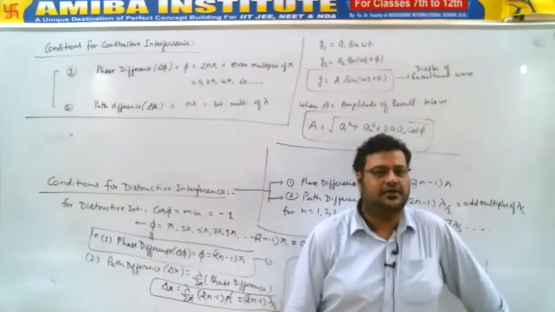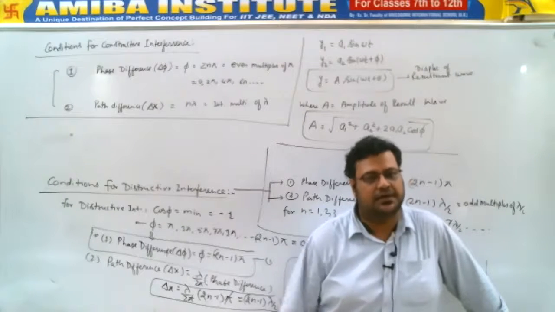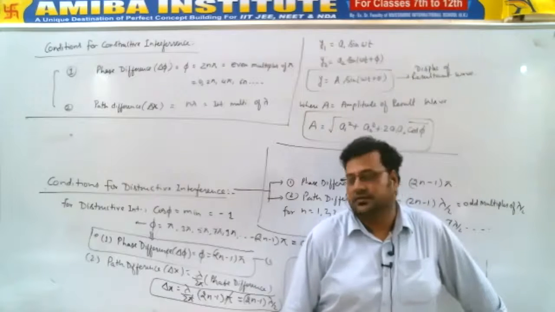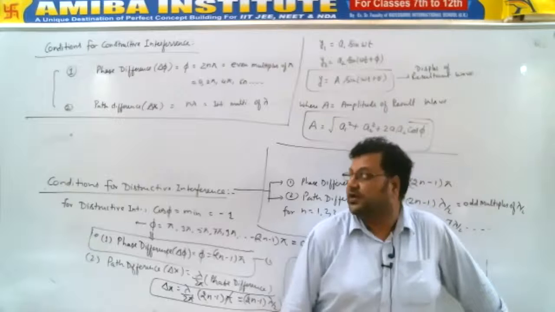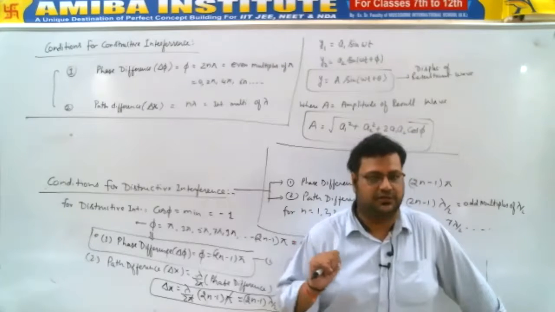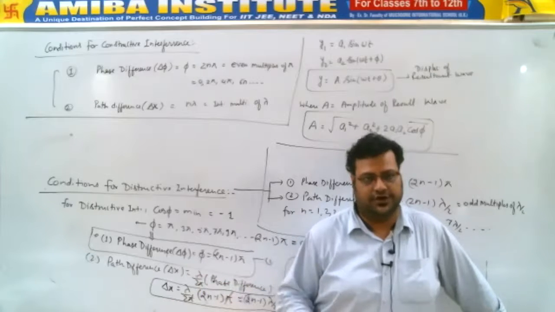And whenever the path difference is lambda, 2 lambda, 3 lambda, n lambda, integral multiples of lambda, which kind of interference will take place? It will be constructive. Getting this? So for constructive and destructive, we got it.